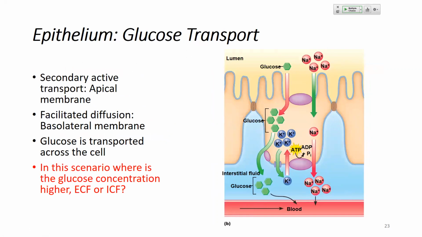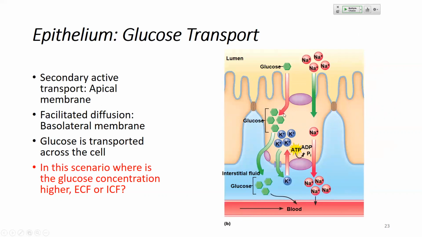When glucose comes into the cell, it's then going to be moved across the basolateral membrane via facilitated diffusion. We're bringing glucose in against its concentration gradient, and because we're using energy from this movement of sodium, this is called secondary active transport.